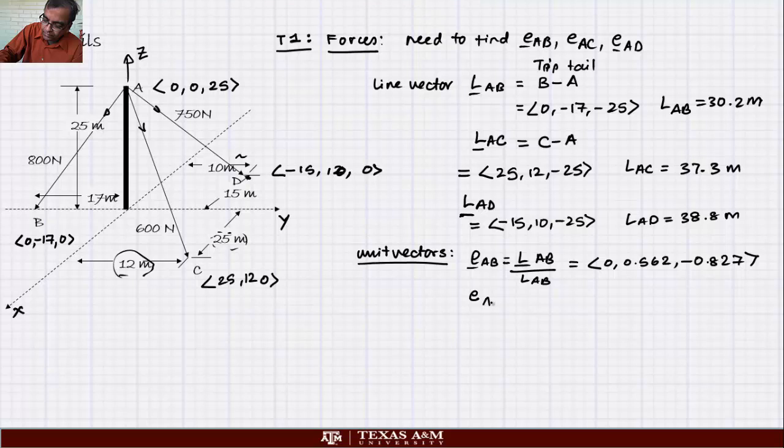EAC is LAC divided by its magnitude, which turns out to be 0.670, 0.321, minus 0.670.